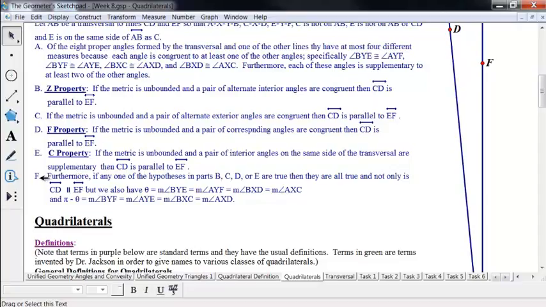Then part F: if we can show that if you have the Z property, then you get only 2 sizes of angles.